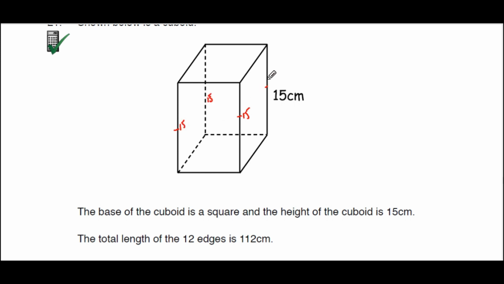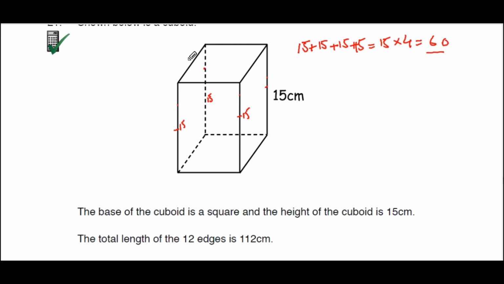There are 4 heights, 1, 2, 3, 4, and I have written 15 at every side. So the total of the heights will be 15 plus 15 plus 15 plus 15, that is 15 times 4, and that means 60, right? So the total of the heights is 60.